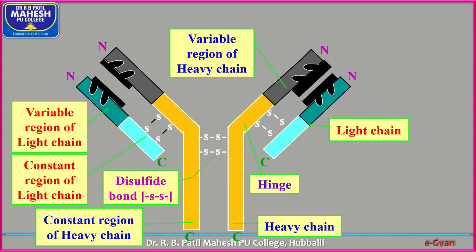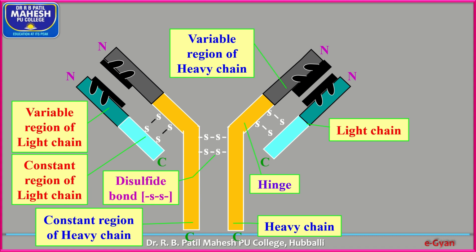Next, we'll talk about antibody functions. Free antibodies perform three very important functions. One is agglutination, second one is opsonization, and third one is neutralization. Agglutination means the clumping of particulate matter including bacteria, viruses.